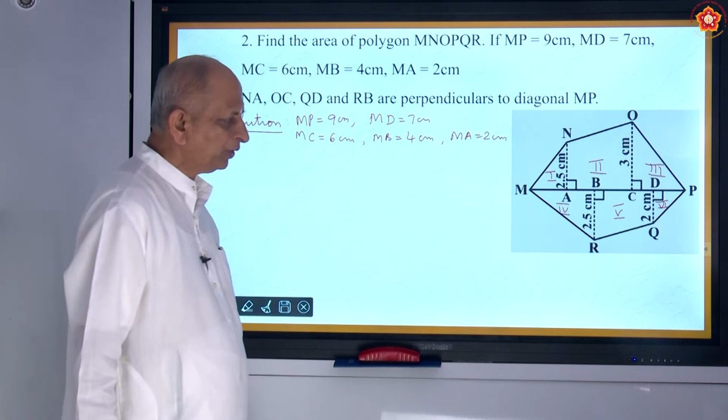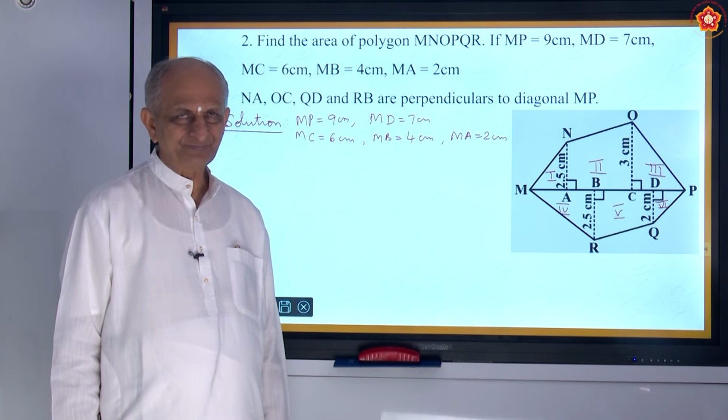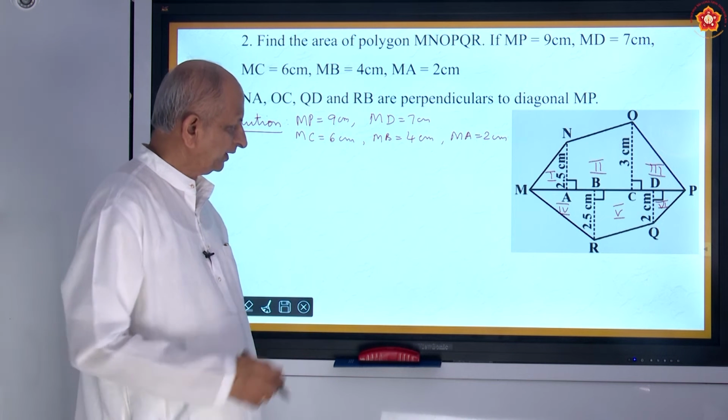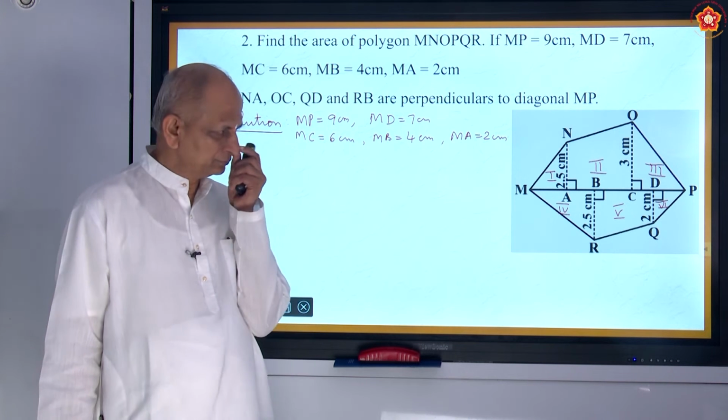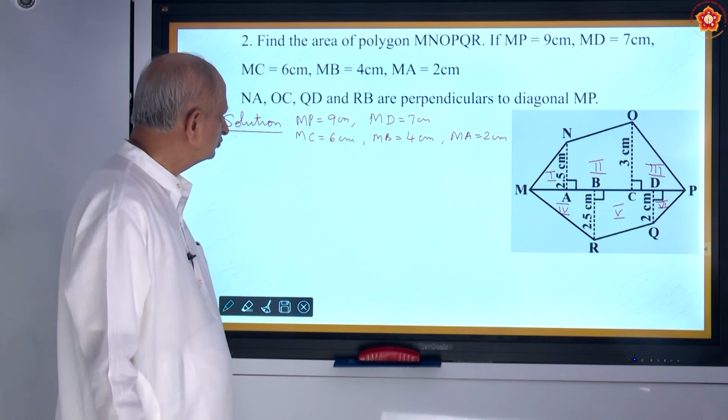So there are 4 now. Correct? So this is also a figure, it is not about the land and all, but the same way you have to calculate the area of lands also.